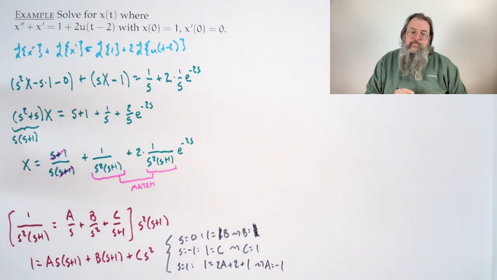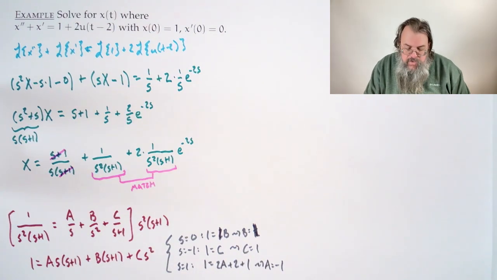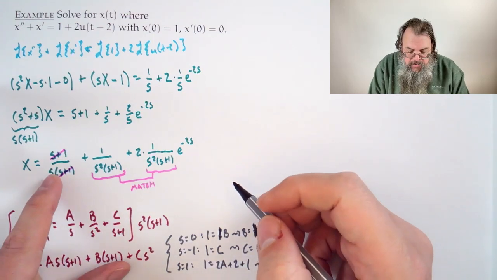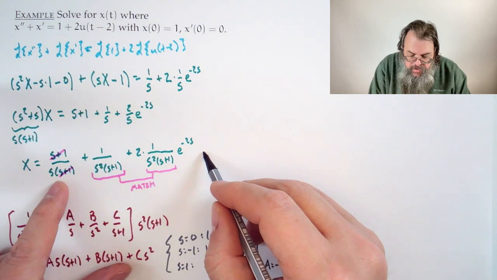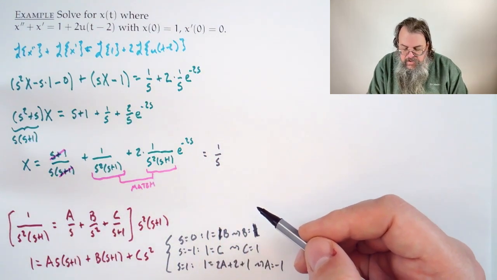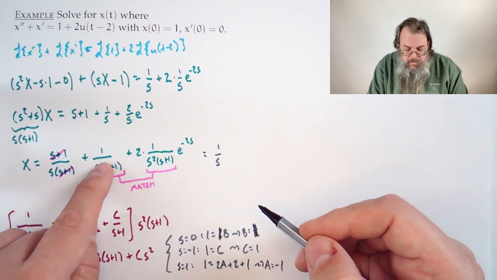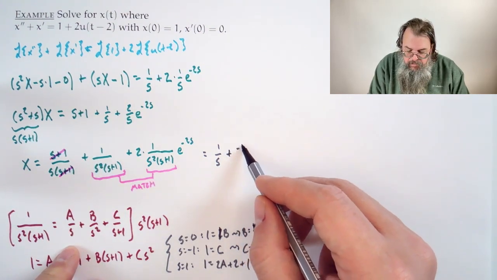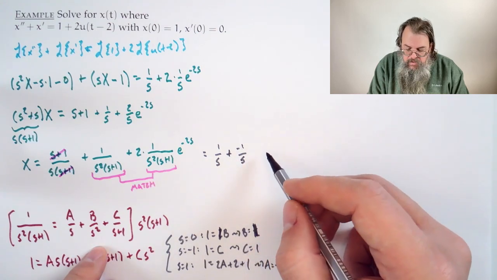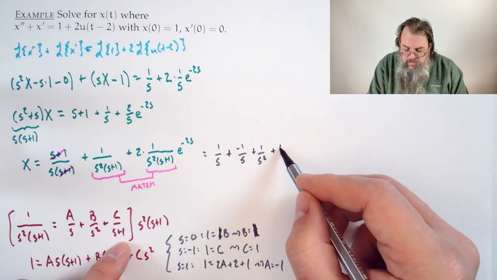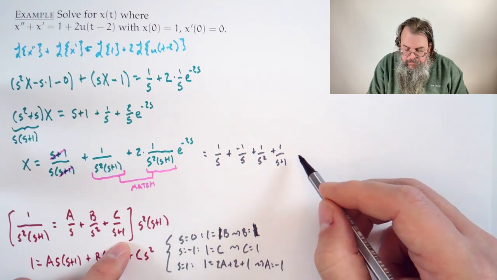All right. So, updating. What do we have? Well, we have the following. The first term is 1 over s. Now, the second term is what? Well, you replace it by what we have here. So it's a minus 1 over s, plus 1 over s squared, plus 1 over s plus 1.